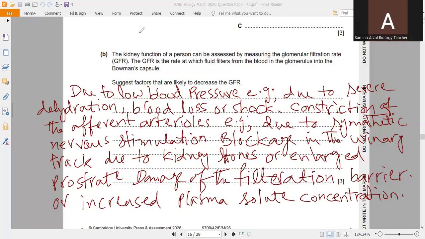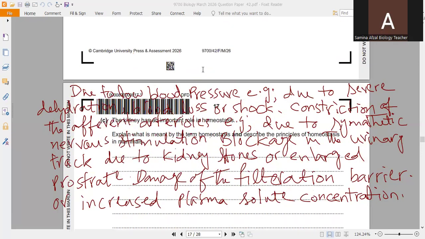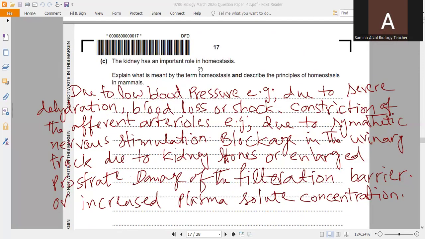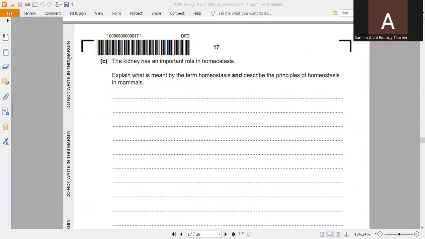It was part B. Now moving towards the third part, which is C. The kidney has an important role in homeostasis. Explain what is meant by the term homeostasis and describe the principles of homeostasis in mammals.